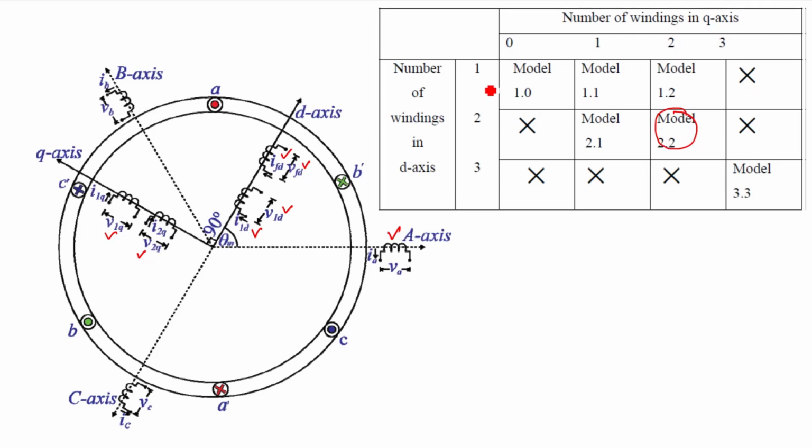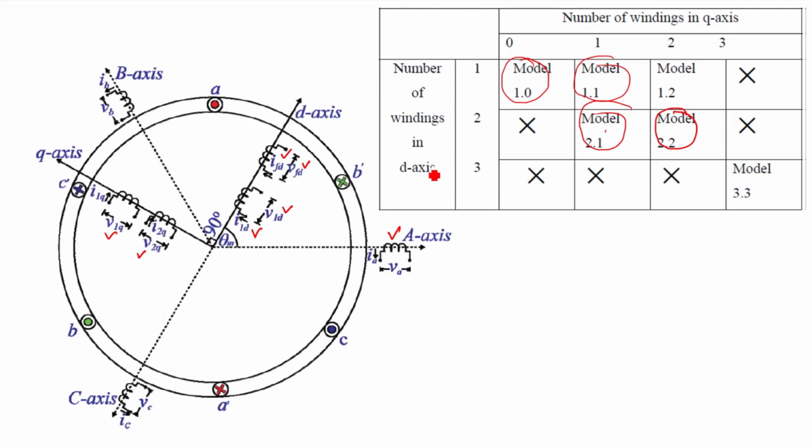Similarly, we can also consider 1 winding in the D axis and 0 windings in the Q axis. That is the 1.0 model. And if we consider 2 windings in the D axis and 1 winding in the Q axis, it will be the 2.1 model, right? 1 winding in each, it will be the 1.1 model, right?